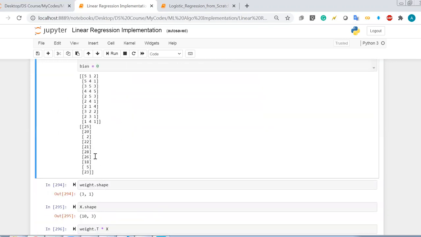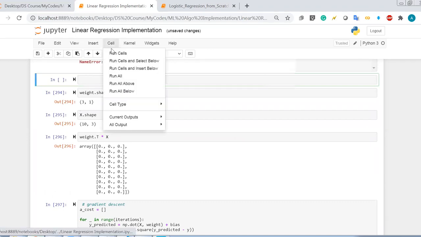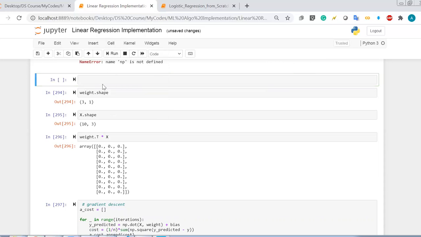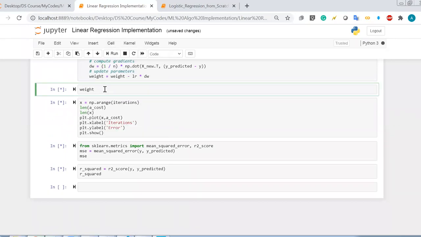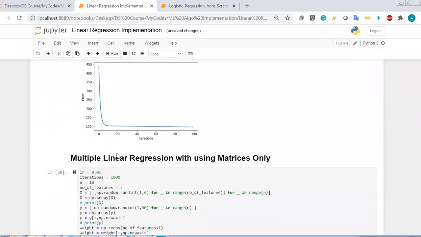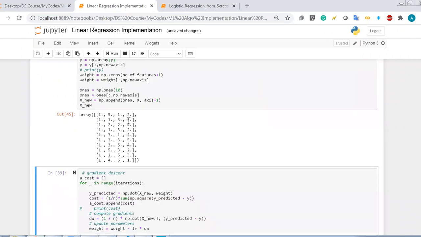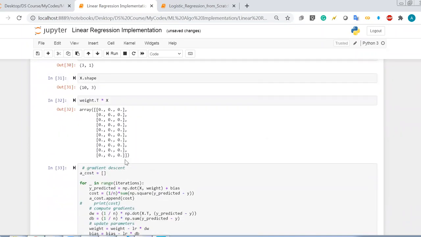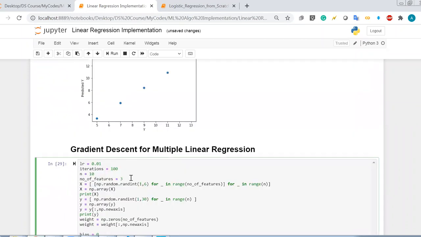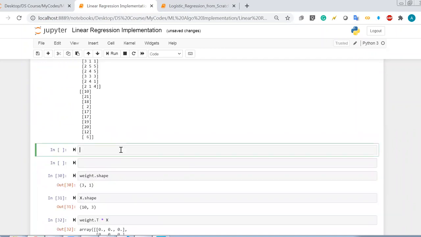Let me show you the value of the weight. One second, I'll run all of them. It's not showing the weight, so I'll run from this part. Let me show you the input.